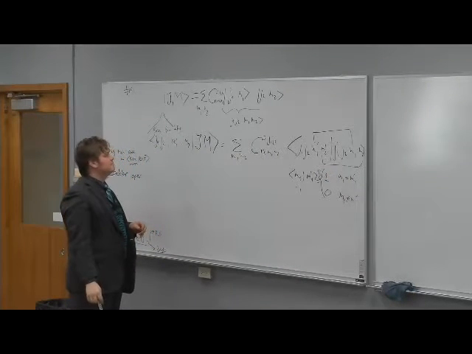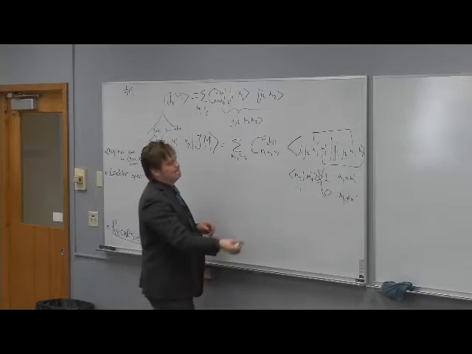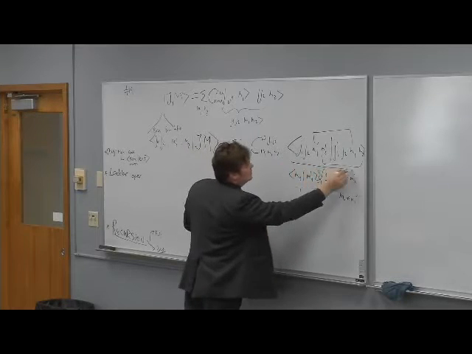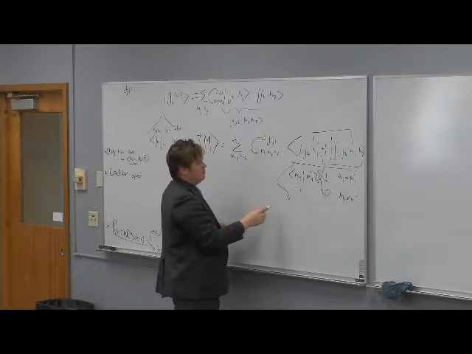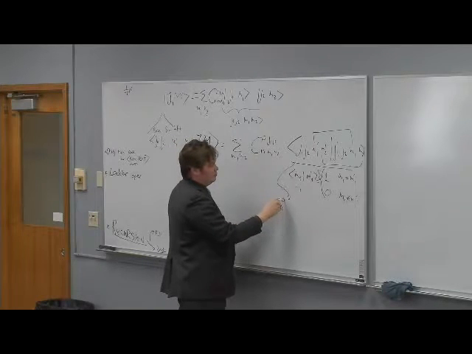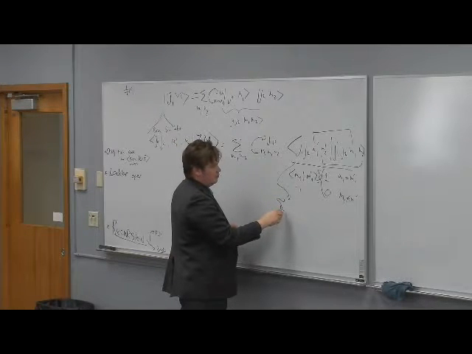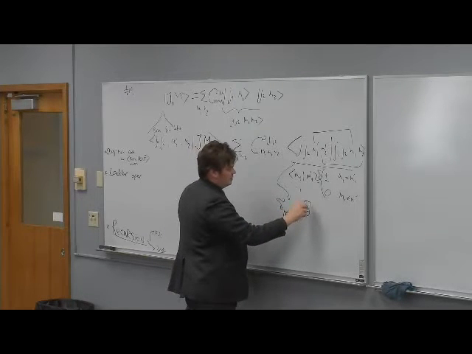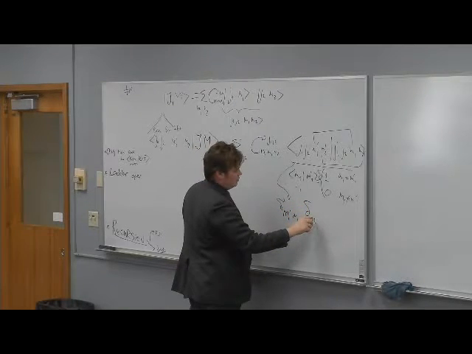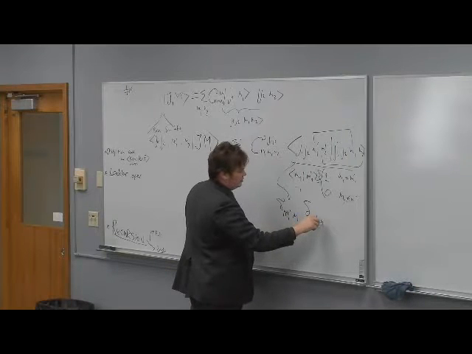So this underlined expression is converting into two delta functions. One M1 prime M1, second M2 prime M2.